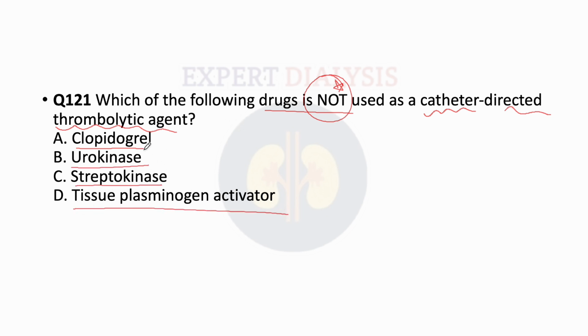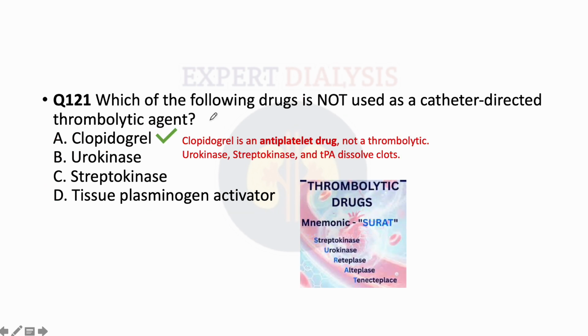Catheter directed thrombolytic agents, like the name suggests, break the thrombus present in the catheter. But in the given options, clopidogrel is not a thrombolytic agent. It is an antiplatelet agent. So this is the odd one out here, and this will be the answer.